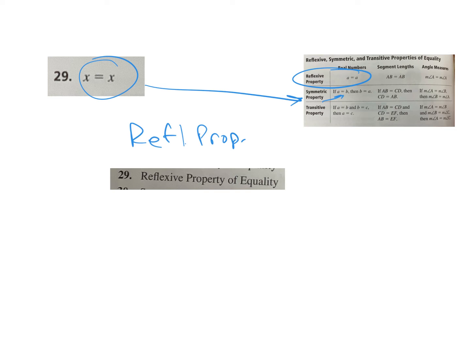Okay, 31. So again, what are we looking at here? If the measure of angle A is 29 degrees and the measure of angle B is 29 degrees, then they both must be equal to each other. All right, so now you want to look and see what property this is.